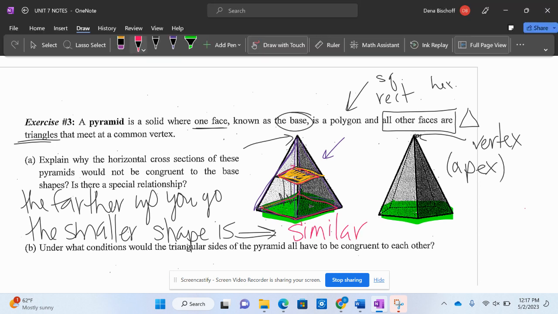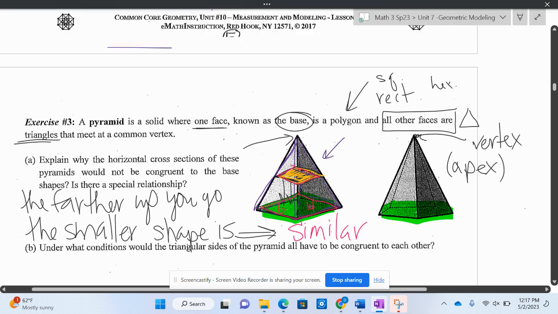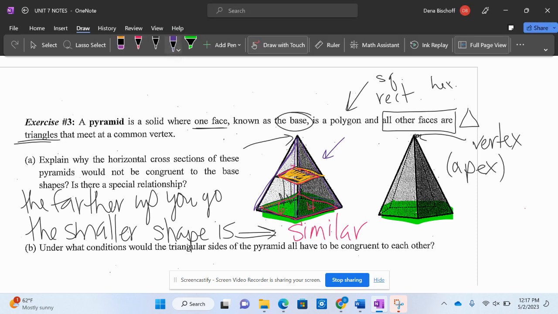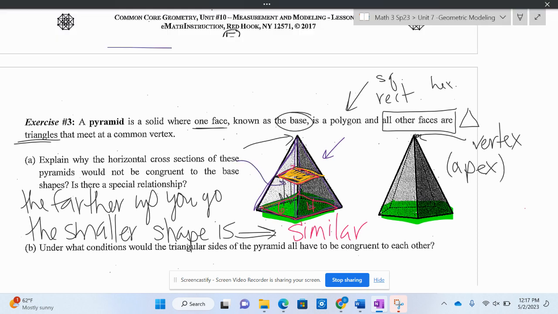Now I'm going to do something that's maybe going to make your brain hurt, but it shouldn't. What if I told you that these measurements down here were 4 and 6, and then this measurement right here was 3 and this measurement right here was 2?